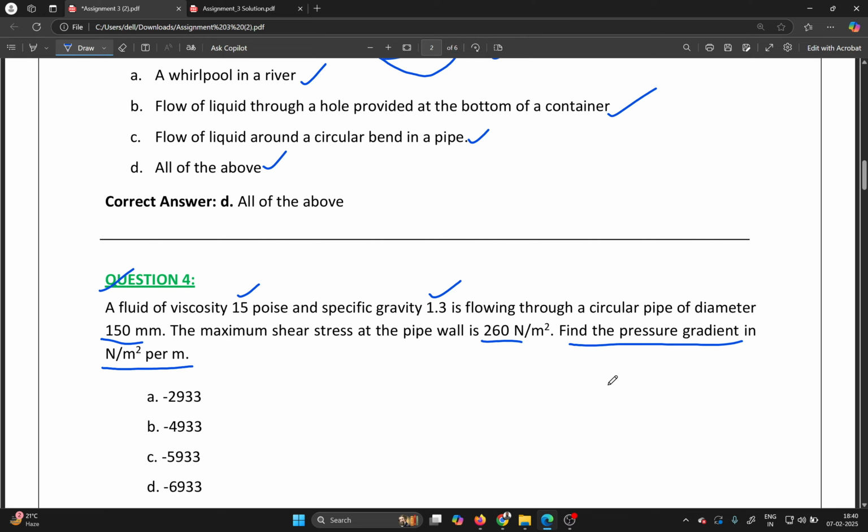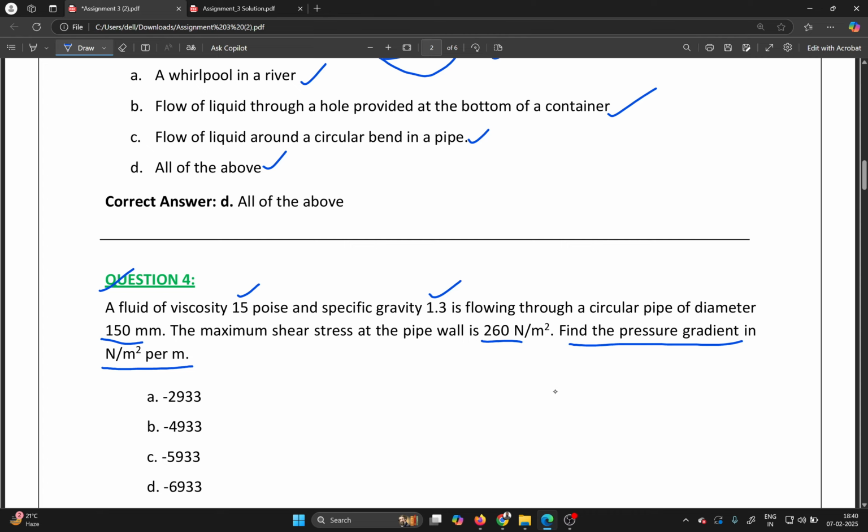Okay, if you read the question, finally you need to calculate the pressure gradient in question number 4. The values given are the maximum shear stress, the specific gravity, the diameter of the pipe, as well as the viscosity.